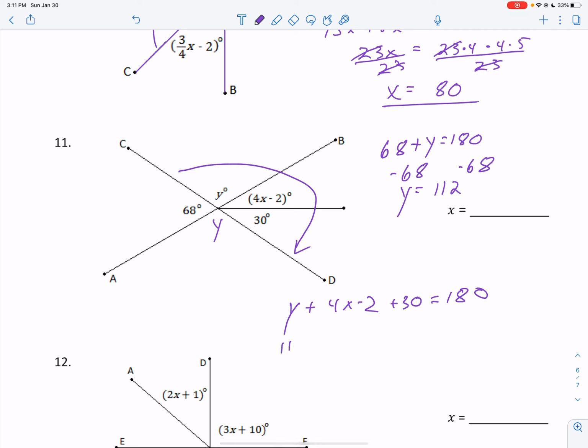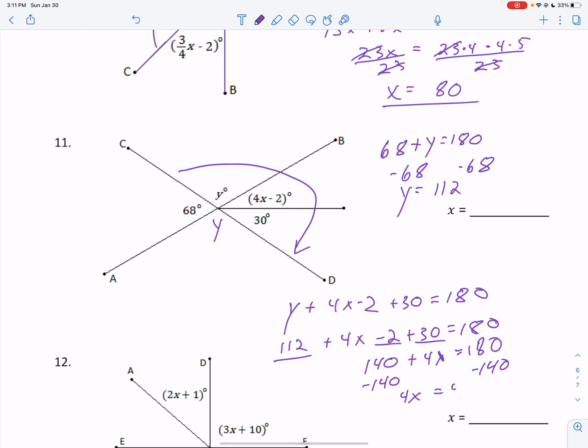So instead of writing y, I'll write 112. 112 minus 2 is 110, plus 30 is 140. I combined these terms. That's how I got all that. And then plus the 4x equals 180. Subtract 140 from both sides to get 4x equals 180 minus 140, which is 40. Divide both sides by 4, and you get x equals 10.